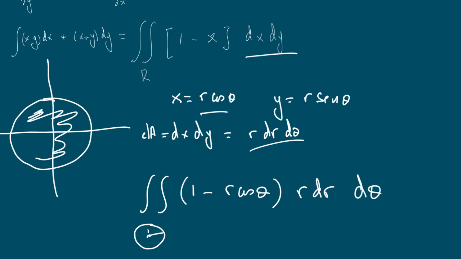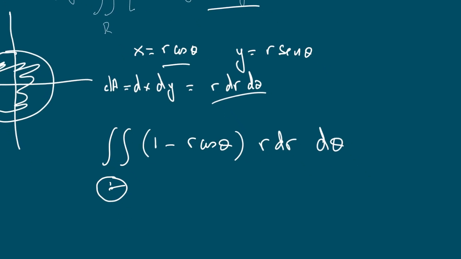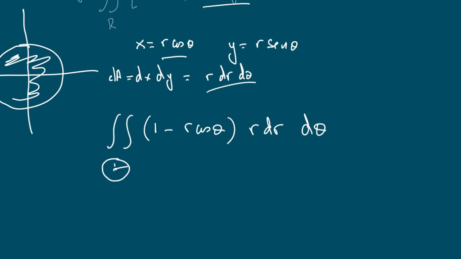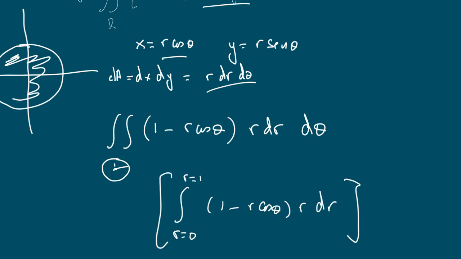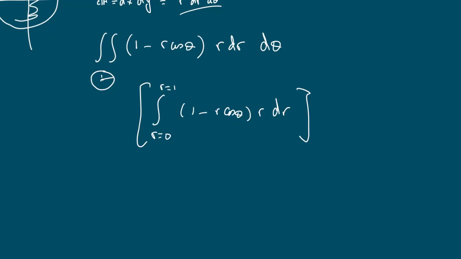Now the limits of integration: r varies from 0 to 1 and theta varies from 0 to 2 pi. So we will have, from r equals 0 to r equals 1, the integral of 1 minus r cosine of theta, r dr, and later on we will do the integral over theta.